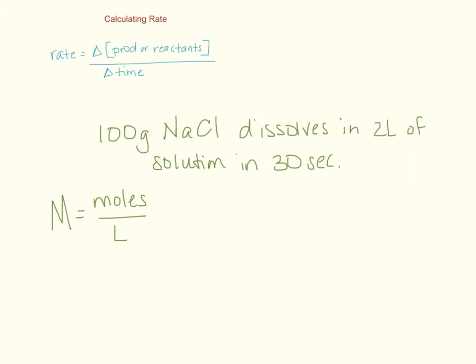So let's find the molarity, or the concentration, of our 100 grams of NaCl in 2 liters. So first we've got to find our moles of NaCl. So we have our 100 grams of NaCl. We get our molar mass of NaCl, and our molar mass of NaCl is 23 plus 35.5, so 58.5 grams over 1 mole.